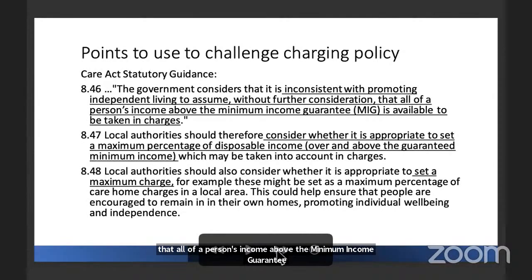So basically, taking the last bit of money that you have, which is allowable by the government, is not consistent with independent living.